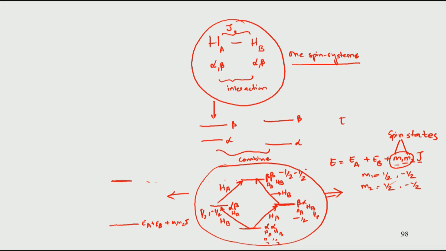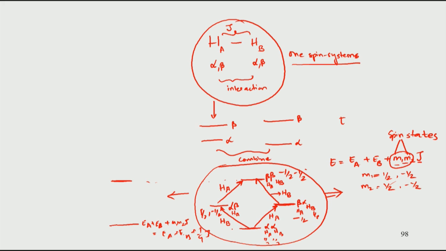So, this basically becomes E A plus E B plus 1 by 4 J.